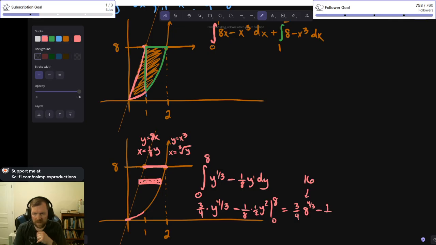Minus 1/16 times 8 squared is going to be 64. 64 over 16 is 4. Subtracted from 3/4 of 16 is going to be 12. So get rid of that. 12 minus 4 is 8.